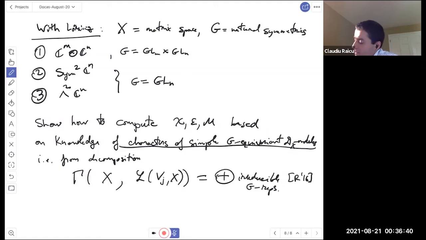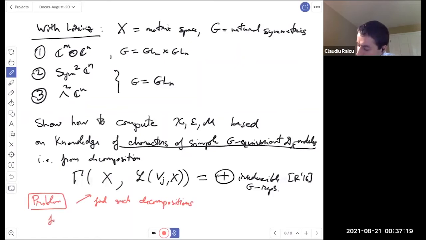And what I'm saying is that based on this knowledge, you can use this structure to understand something about these invariants chi, E, and M. And so I think this leads to what I find to be a very interesting problem as well: try to do the same for other pairs.